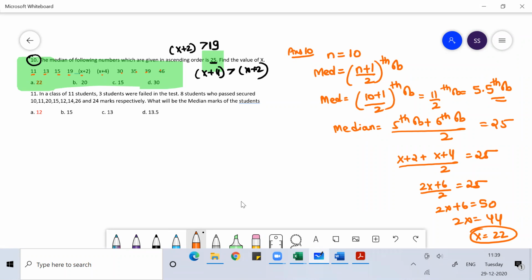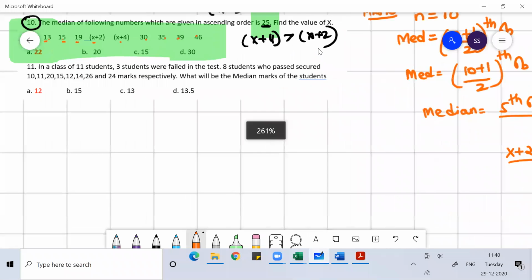Is everyone clear? Does anyone have any doubt? If you understood question number 10, please try question number 11 yourselves.